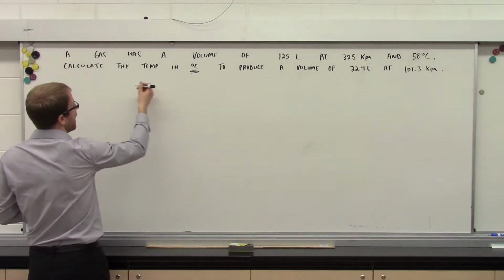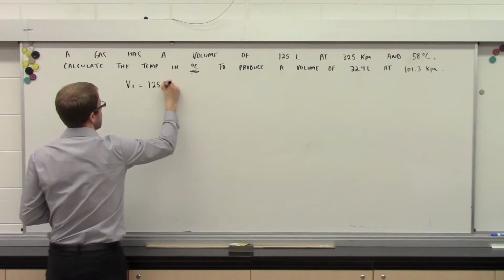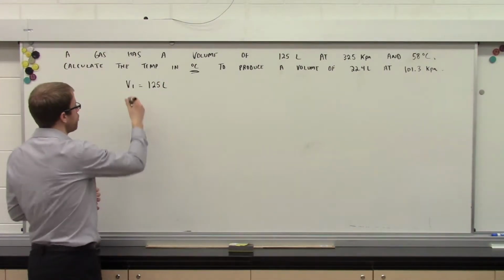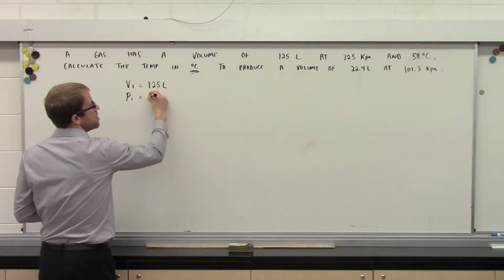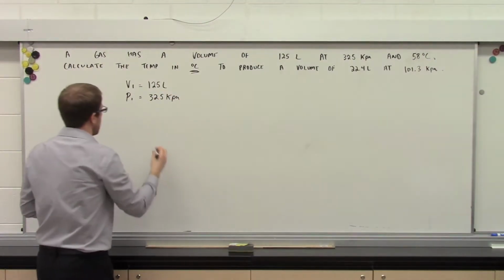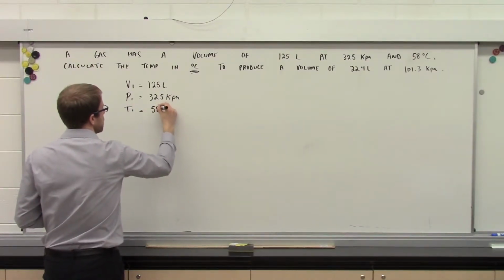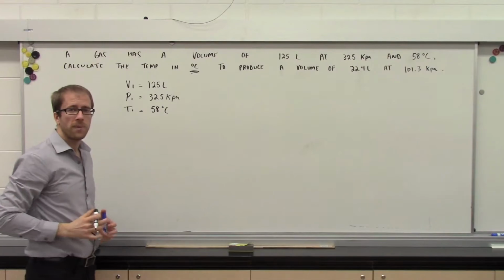We know that our initial volume is 125 liters. We know that our initial pressure is 325 kilopascals. And we know that our initial temperature is 58 degrees Celsius.